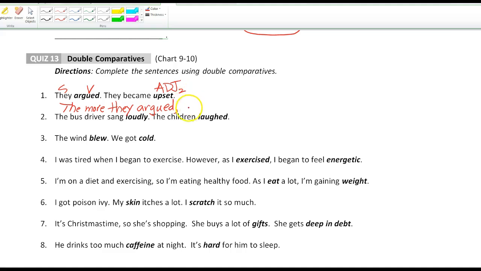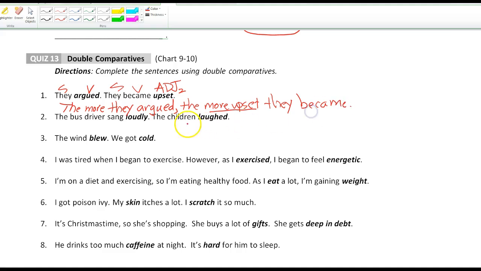So we have to use more. Okay, so it's going to be the more upset. Okay, and more upset is the comparative form. And then we just use subject and verb. Subject and verb. They became.